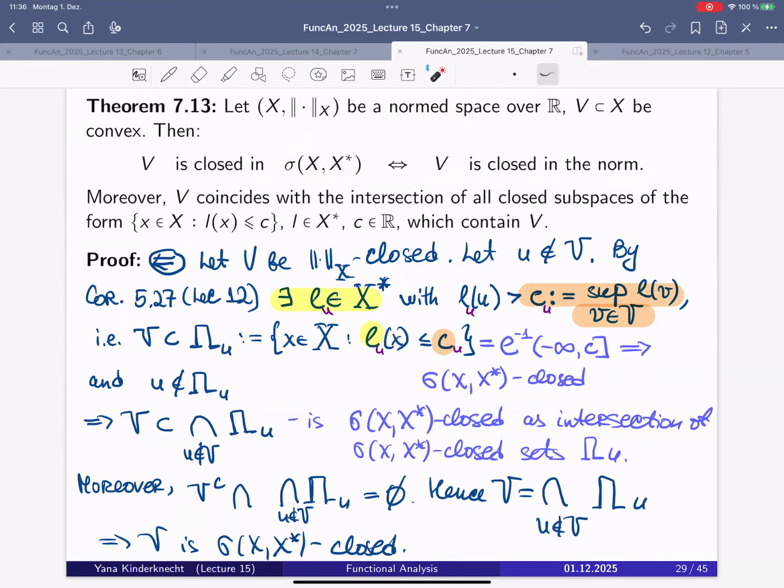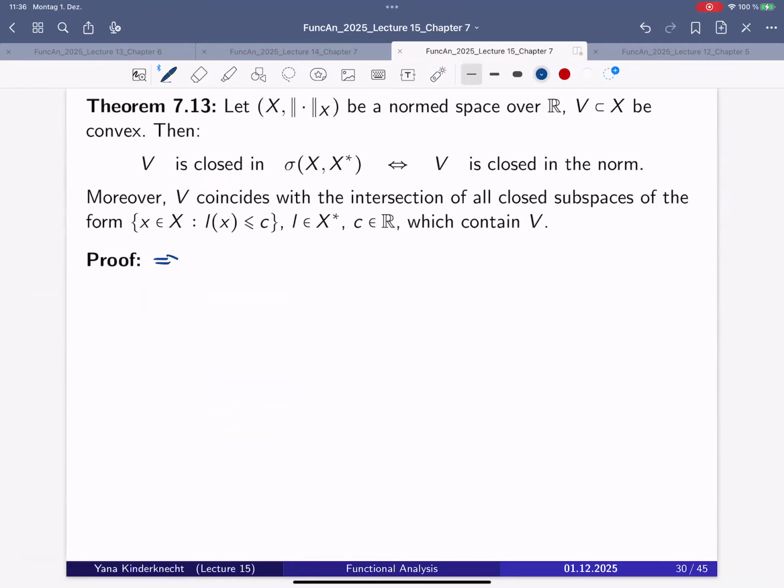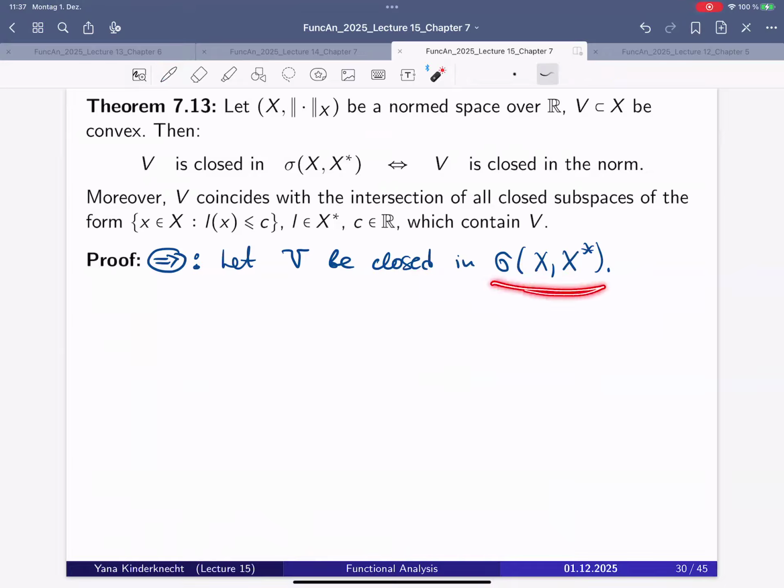Okay, let us go further. Let us prove the opposite direction. Let V be closed in this weak topology. But we know that this topology is not stronger than the topology generated by the norm, since this topology x star is weaker than the topology generated by the norm.